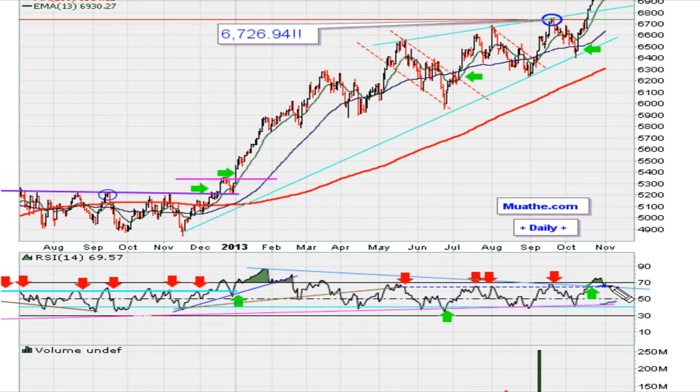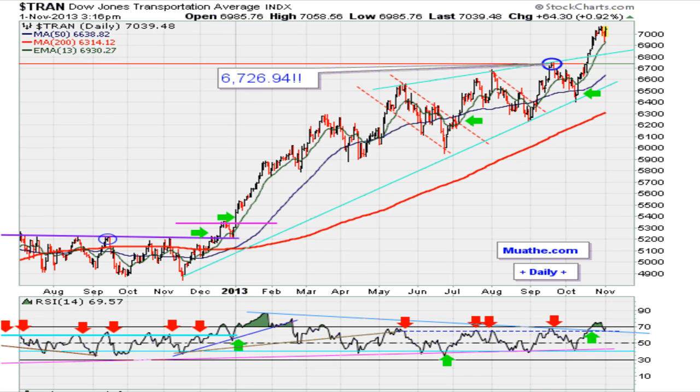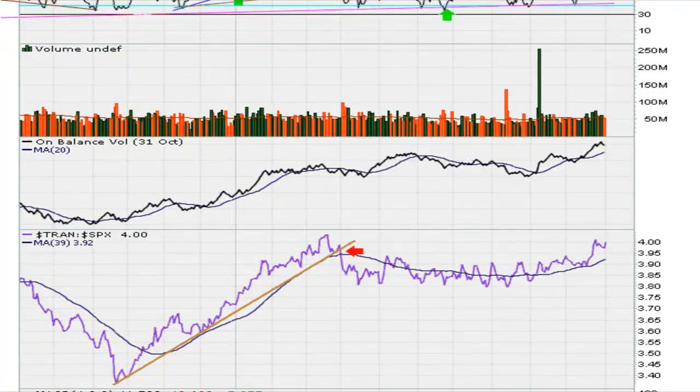So unless this market can move back below this line, I think this one is healthy. It's way above the 50. This is a market even way above the 13-day moving average. A very strong market that could continue pushing higher as we go into the early part of November.